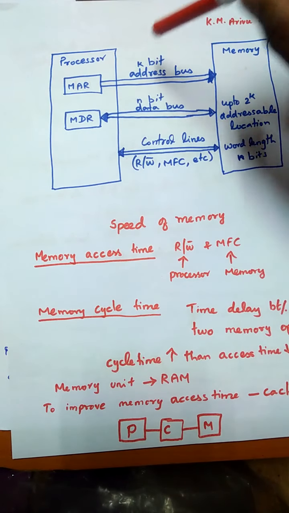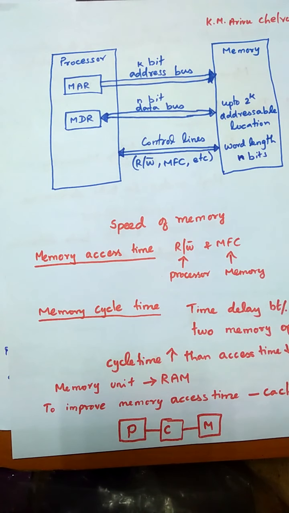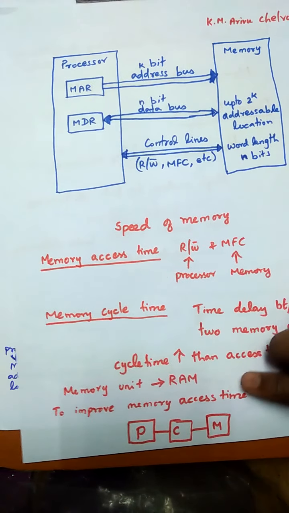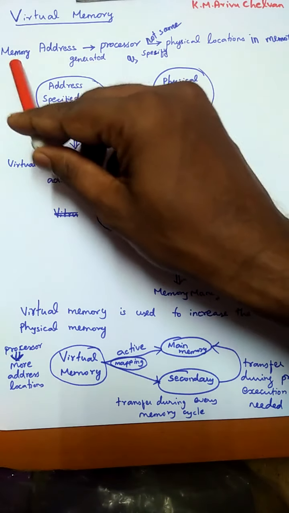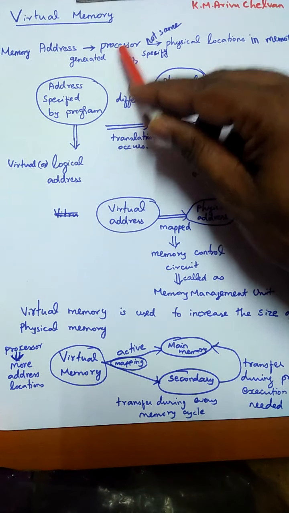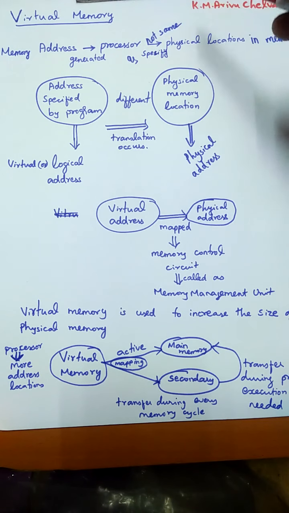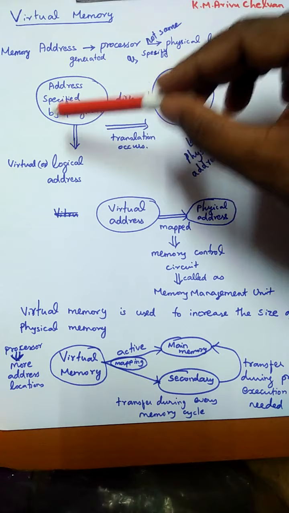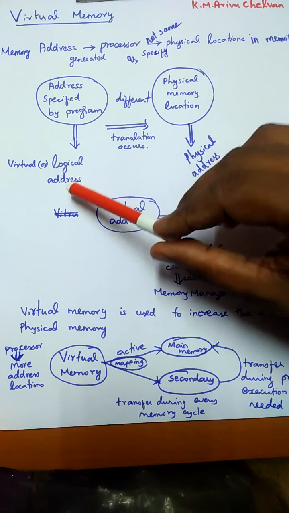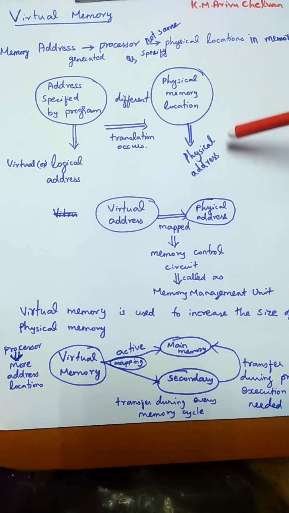So we need a mapping for finding the location. This is done through virtual memory. The memory address generated by the processor and the physical location in memory are not the same. So the address specified by the processor or program is called a virtual or logical address, and the physical memory location is called a physical address.